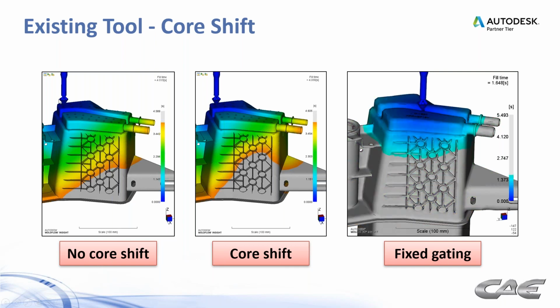You see the gate over here in the corner, and that's causing a pressure differential across the core. Moldflow is picking the pressure differential up, but it's not picking the core shift up because we didn't run it that way. So this is kind of a false positive in Moldflow, and this is where you've got to be thinking about it.